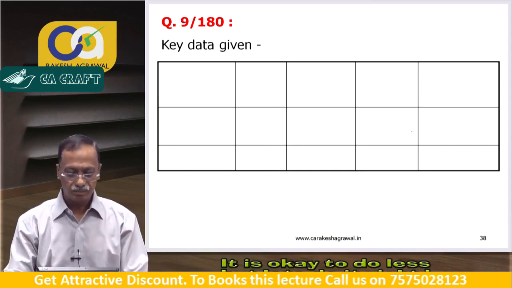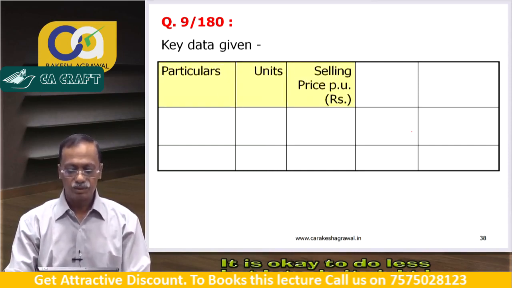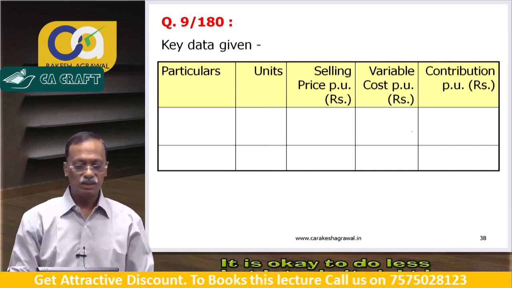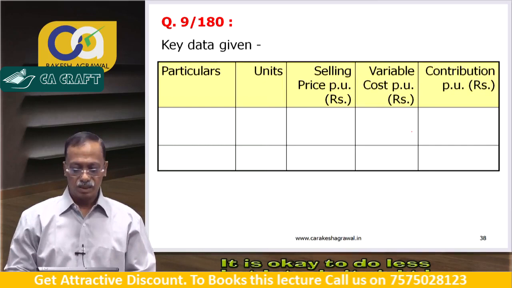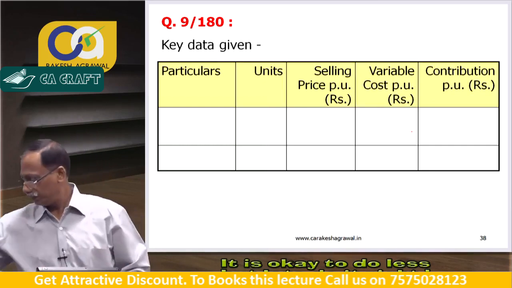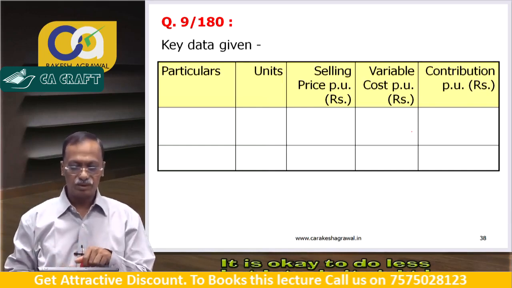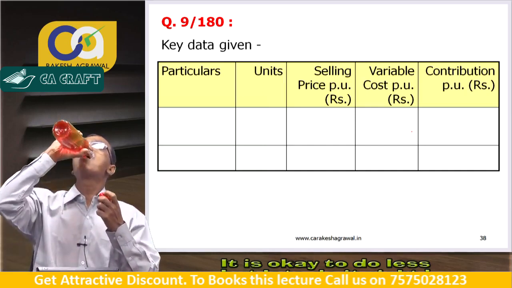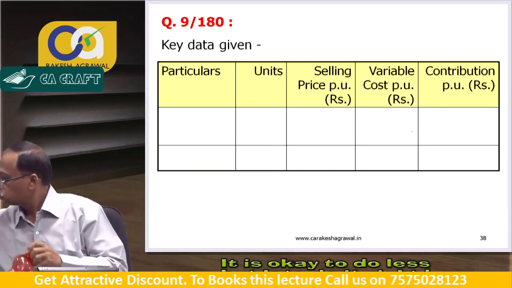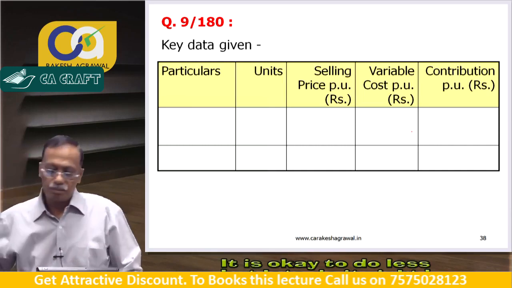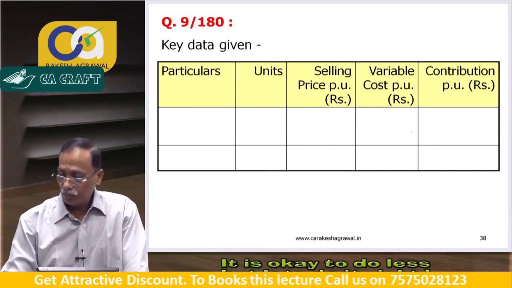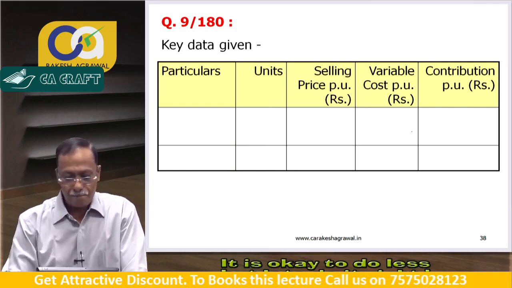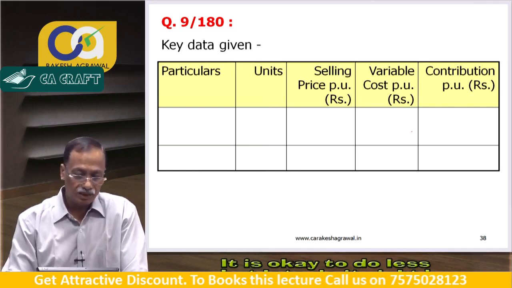So write down key data given and prepare these columns: particulars, units, selling price per unit, variable cost per unit, and contribution per unit. Just 4 vertical lines. Done.